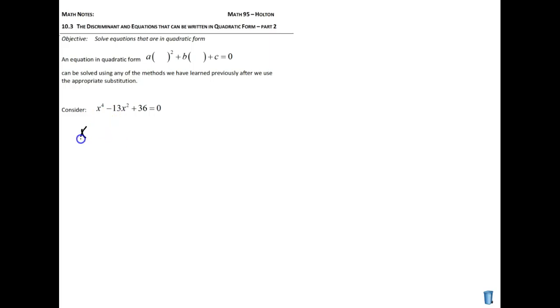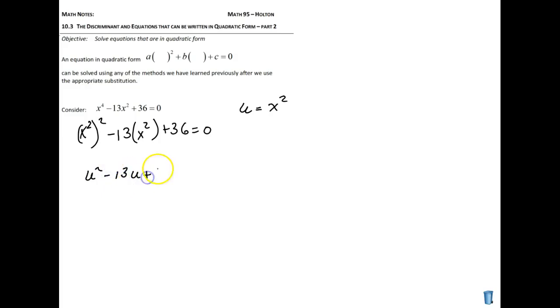Let me rewrite that: x squared squared minus 13 times x squared plus 36 equals 0. We often use the letter u. You don't have to use u, you could use a different letter, but you get the idea. We're going to make a substitution: everywhere I see an x squared, I'm going to put a u. So what I end up with is u squared minus 13u plus 36, and that equals 0.